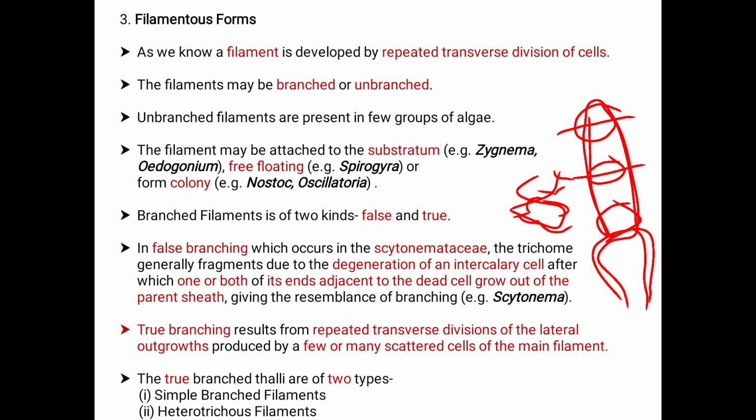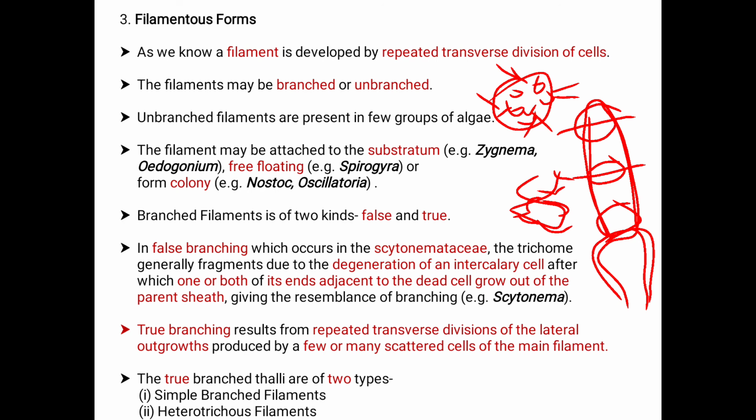Next is the form of colony. The best example is Nostoc. Here we have the colonial cells and the flagella. This is in the case of colony form, that is Nostoc or Oscillatoria. Next, the branched filament is of two kinds, that is false and true branched.